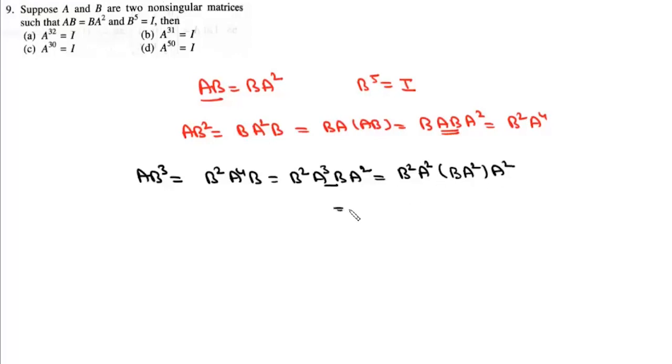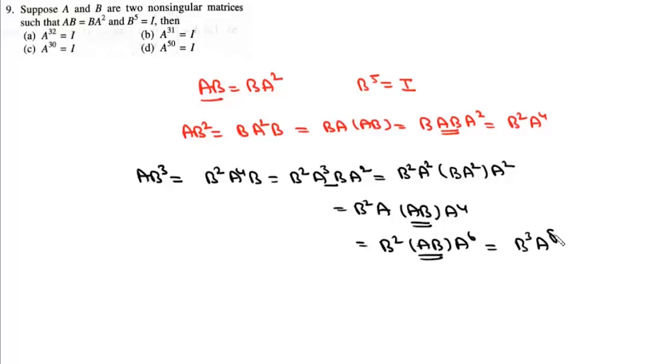Now again we write A, so it will be B square A into AB, and this is A to the power 4. Now AB is again BA square, so it will be B square, and this is AB A to the power 6 and AB is BA square. So it will be B cube A to the power 8.